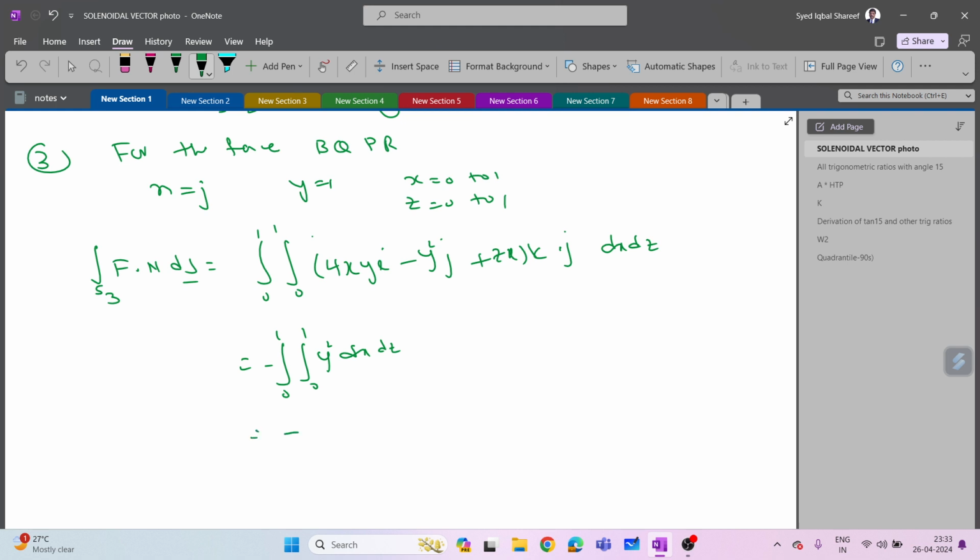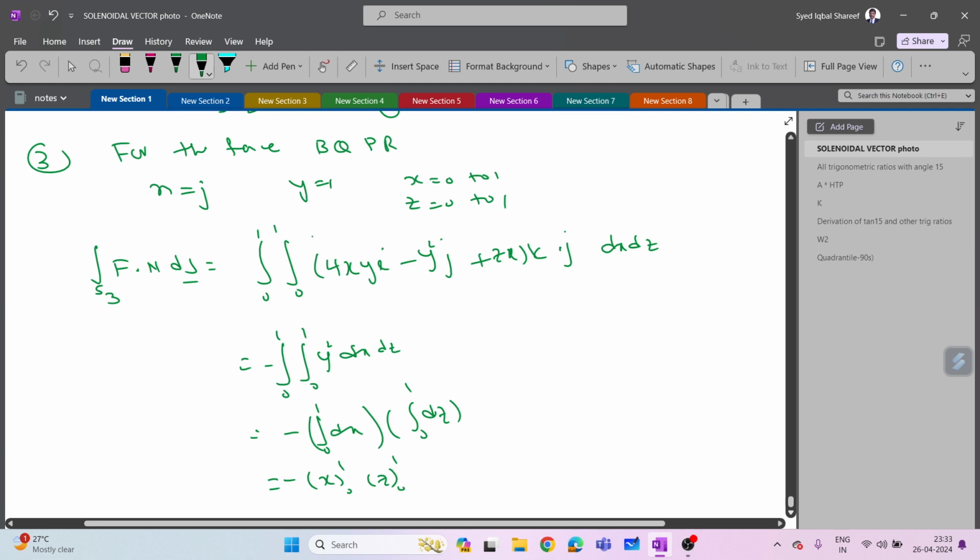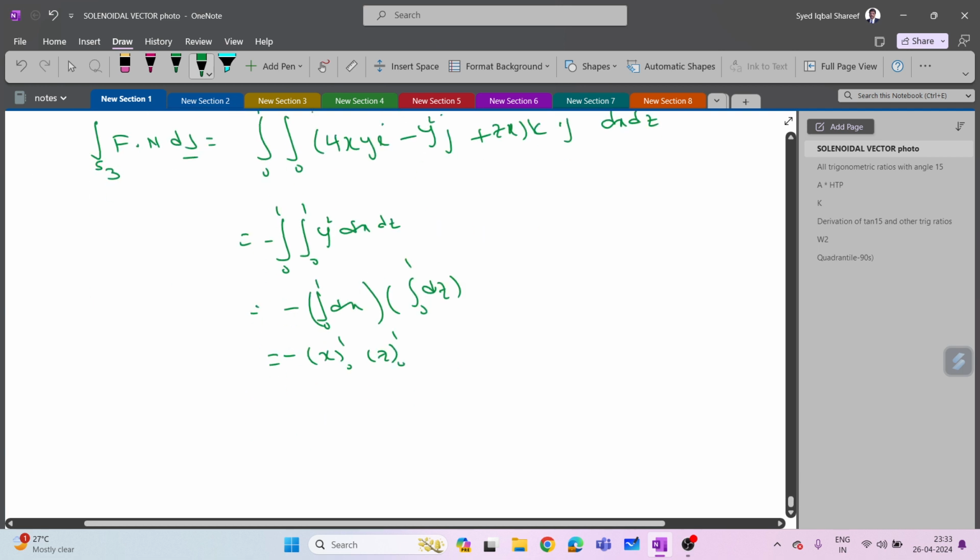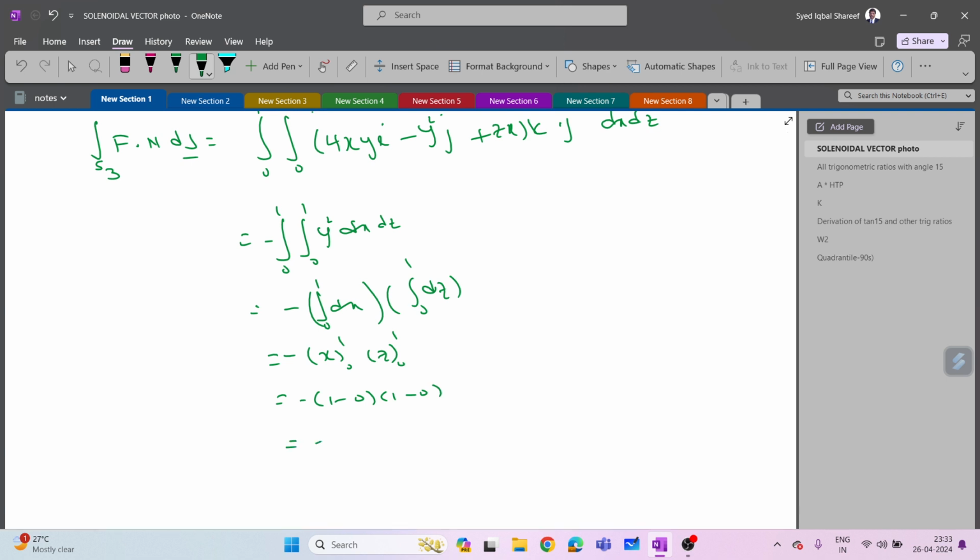So therefore it is minus integral 0 to 1 dx, integral 0 to 1 dz. So this will be x from 0 to 1, z from 0 to 1, with minus sign. So this will be 1 minus 0, 1 minus 0. This is minus 1. Name it 3.